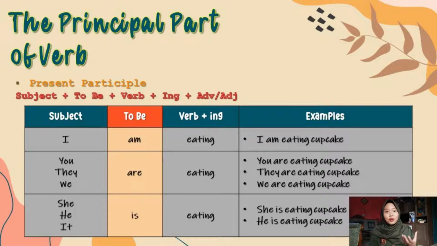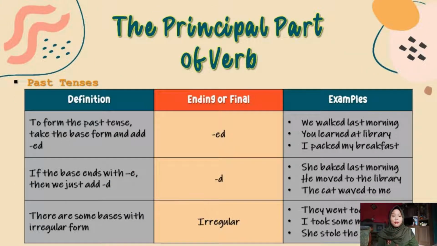Example: you are eating cupcake. We are eating cupcake. But if you use she, he, and it, the to be is is. Example: she is eating cupcake. He is eating cupcake.